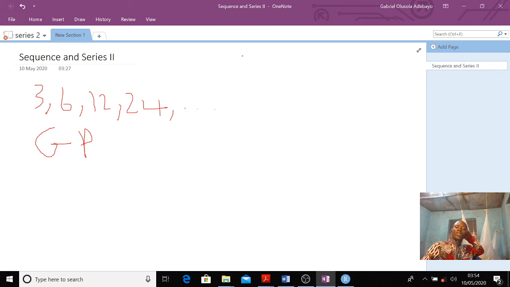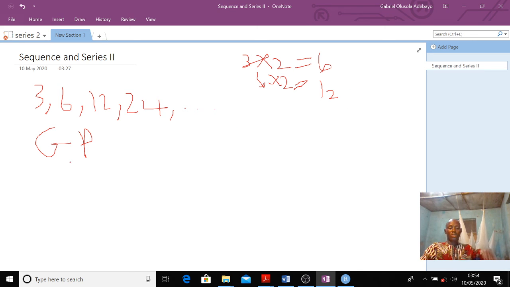Because we now say that 3 times 2 will give us 6. 6 times 2 will give us 12. And so on and so forth. Okay? Now we are going to use GP. Because it's GP, you now say Tn is equal to ar to the power n minus 1.